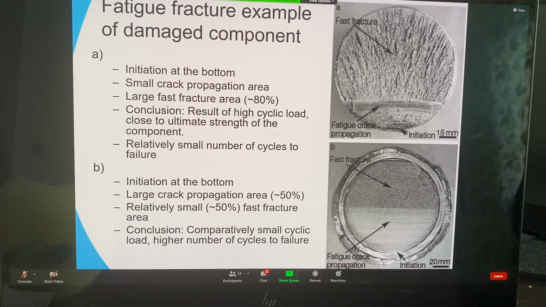And it also means that probably there's a relatively small number of cycles to failure.